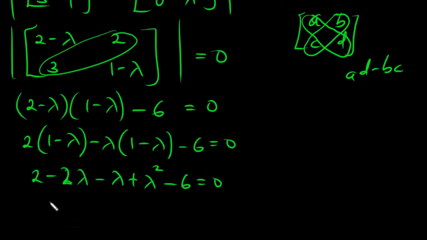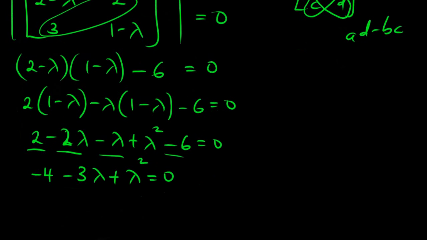So we can put like terms together. We have 2 minus 6, which is negative 4, and then minus 2 lambda minus lambda is minus 3 lambda, and then plus lambda squared, this should give us 0.